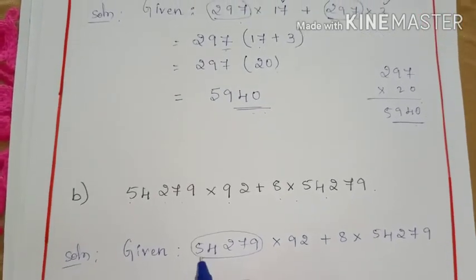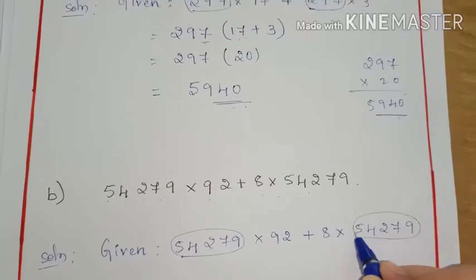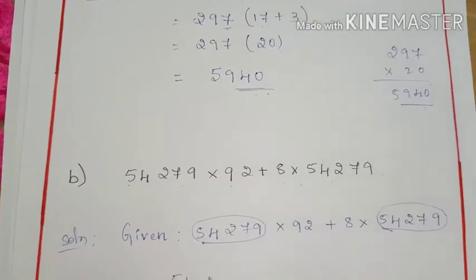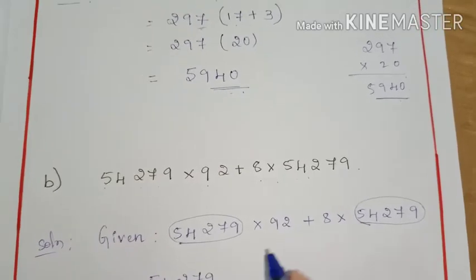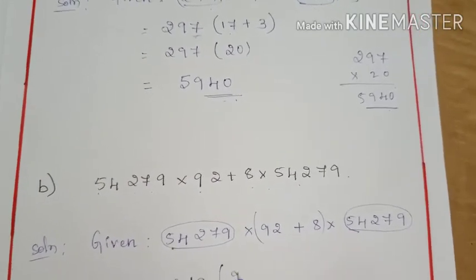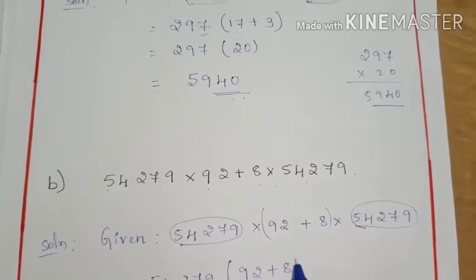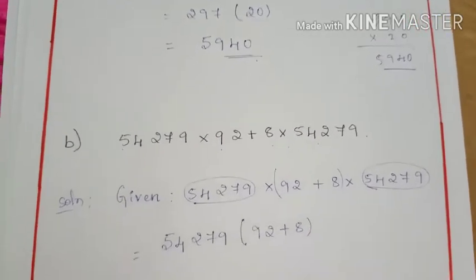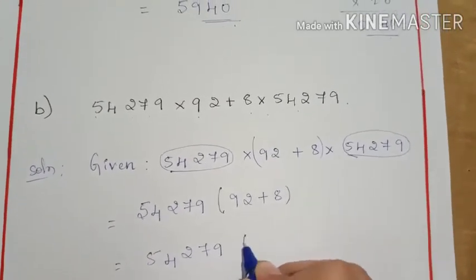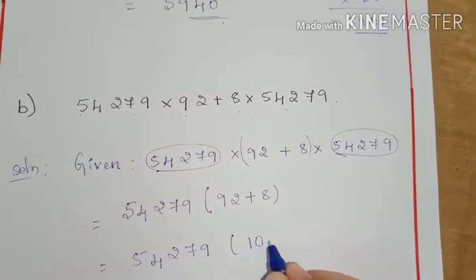Again, can you notice these two numbers are same? So take it out as common, 54,279, and write the remaining part inside the bracket, 92 plus 8. So the next step will be 54,279 into 100, since 92 plus 8 is 100.